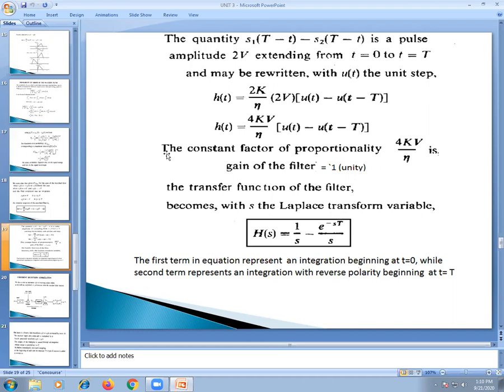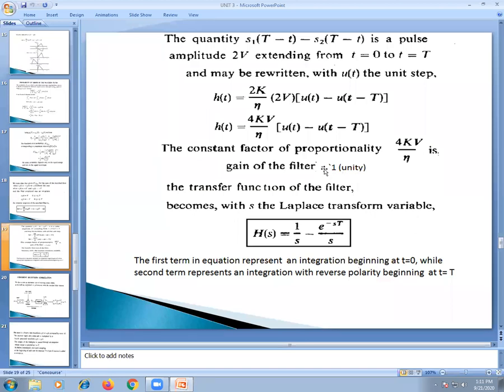Okay. Now the constant factor of h(t), 4kv by eta, is nothing but the gain of the filter, so that is 1, unity magnitude.